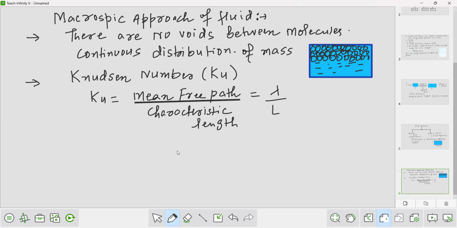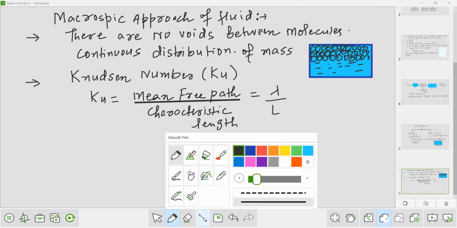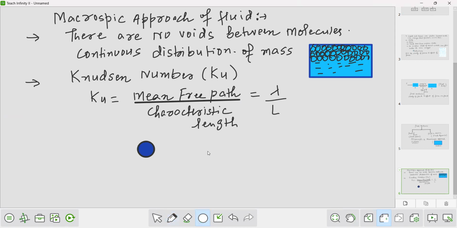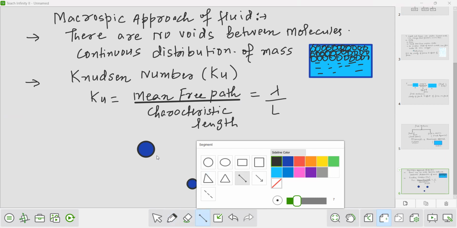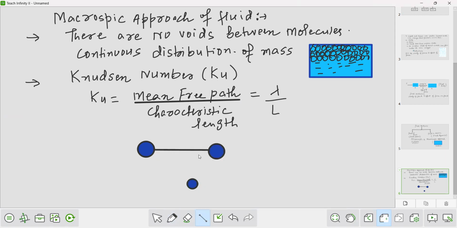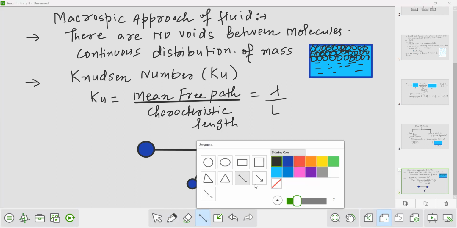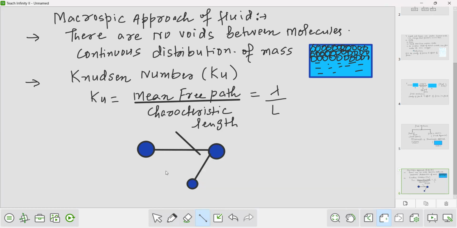What is this mean free path? For example, you have three particles like this, 1, 2, and 3. If they collide with each other, they will arrange themselves like this and travel along this direction.